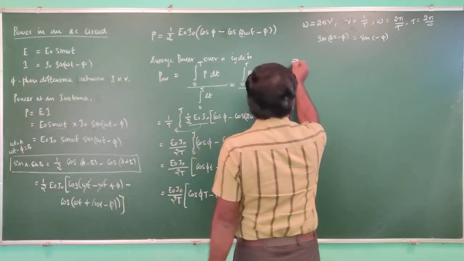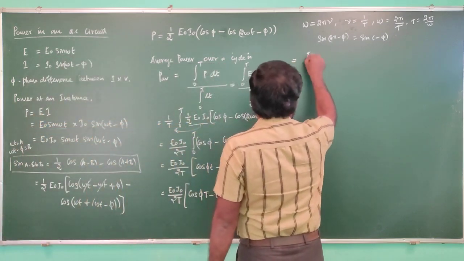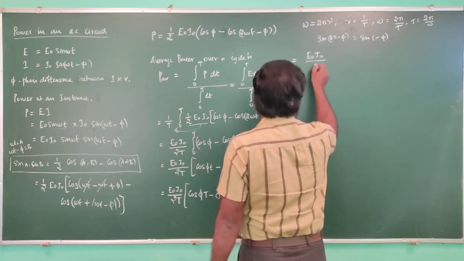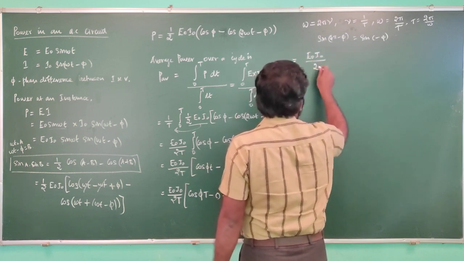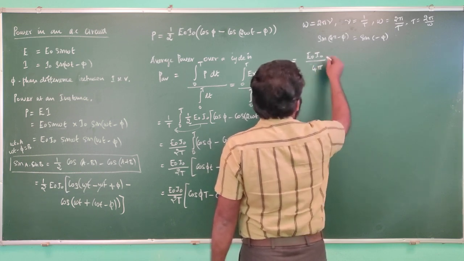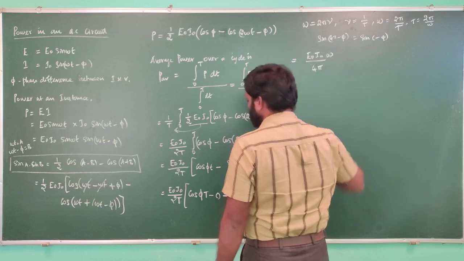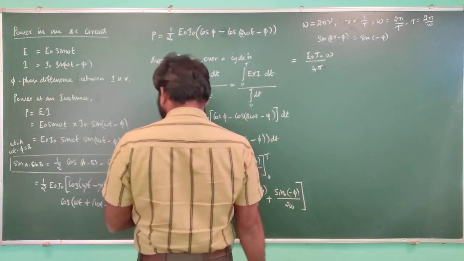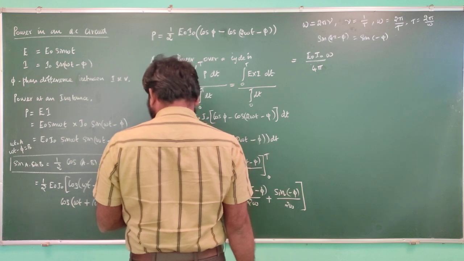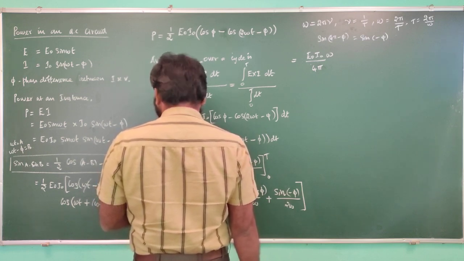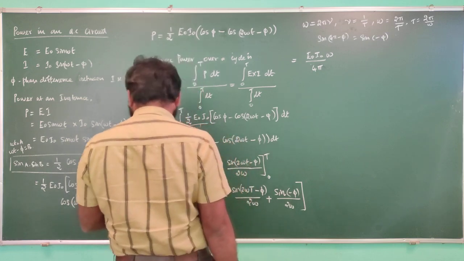So here E naught I naught by 2 times, so it becomes 4 pi into omega.